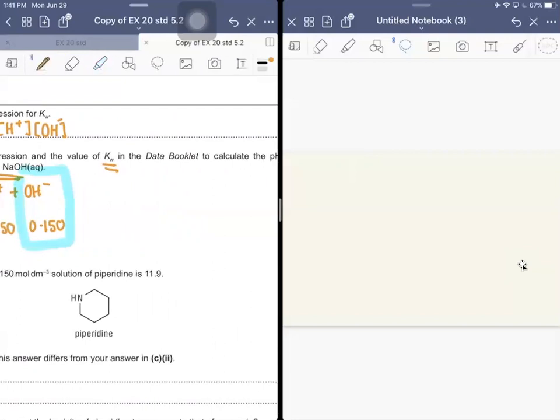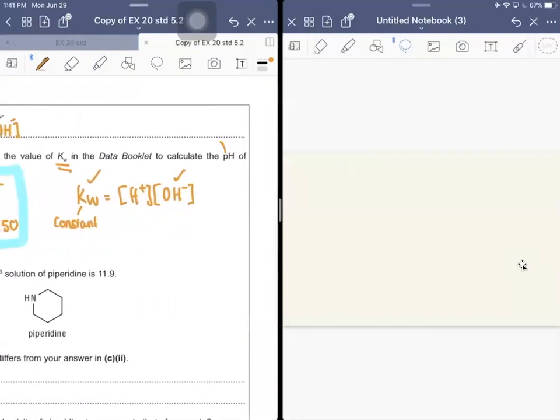If we use the Kw again, then you know the concentration of the hydroxide. Kw is a constant. Another thing that you need to know is that pH is equal to negative log of H plus.